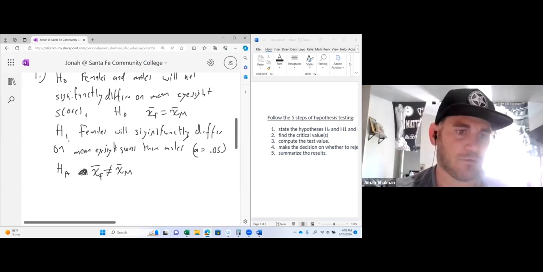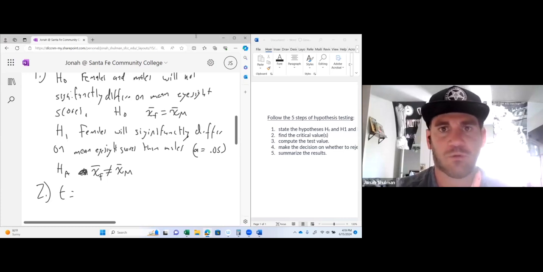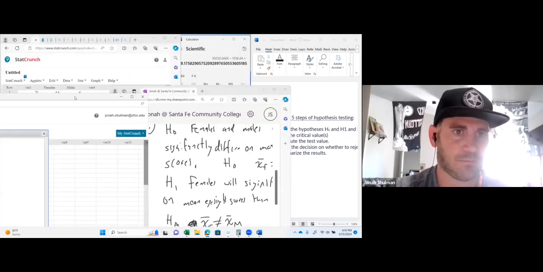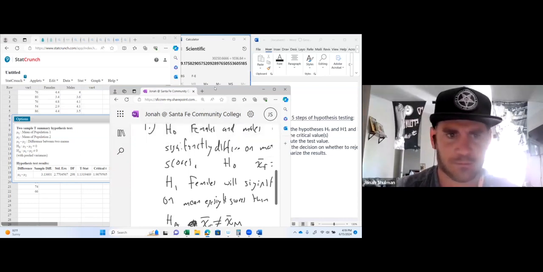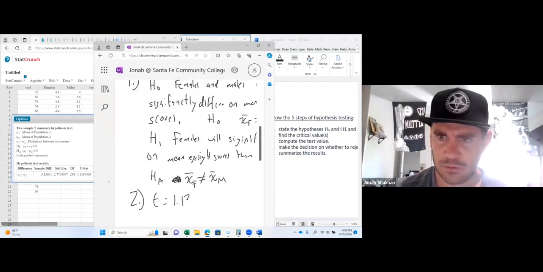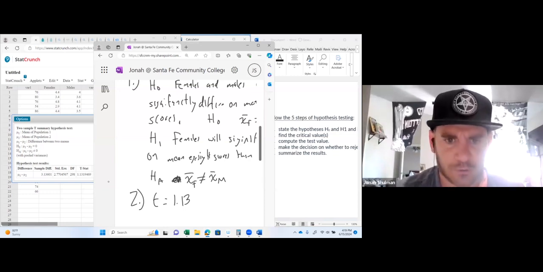So our critical value for this was our t-score is equal to 1.13. If I can find it. 1.13, or 1.132. Okay. Oh, sorry, that was our test value. So our critical value.